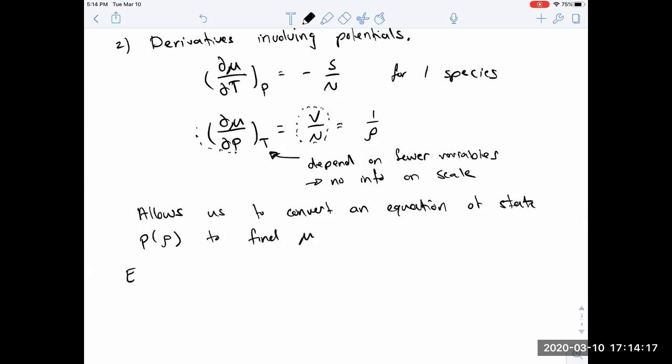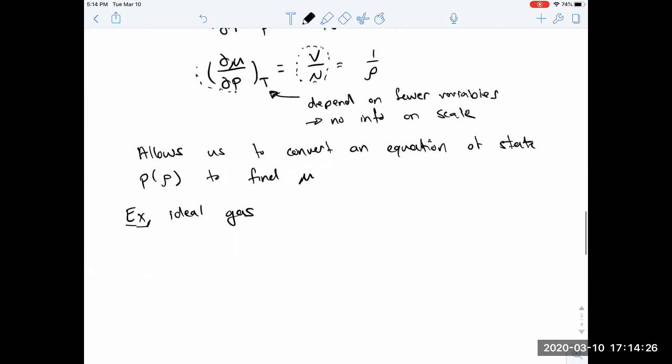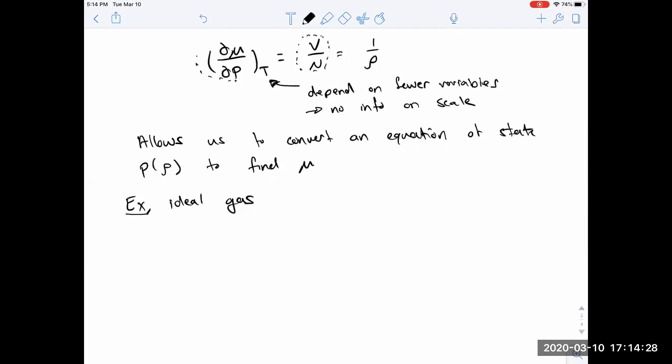So let's actually do that for a system whose equation of state we know, say an ideal gas. So an ideal gas, you all know PV equals nRT. That little n is meant by the number of moles. R is the ideal gas constant. A much cooler way to write this is with the number of particles.